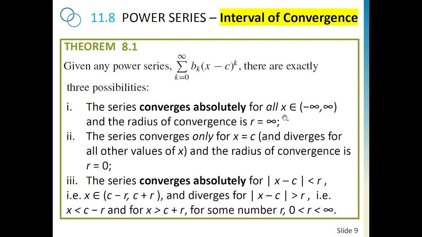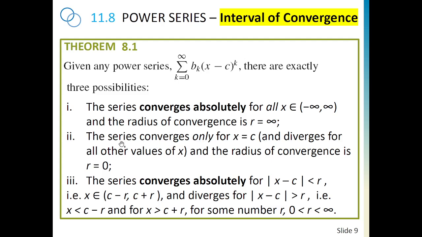It might converge absolutely for all values of x, meaning whatever x I put here, the series that I get is convergent. Wow, so that's one of the possibilities. So any real number for x is in the domain of convergence, so in the interval of convergence. We call the radius of convergence the half length of this interval. So obviously this is all real numbers, so we will say that the radius of convergence is infinite.